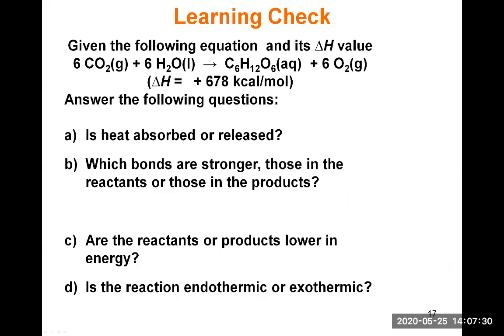This reaction here looks like it's the reverse process. It's the inverse of, sorry, it's the photosynthesis here. When you have carbon dioxide and water combining together and making glucose and oxygen, this is what the photosynthesis is doing to produce the energy for plants.